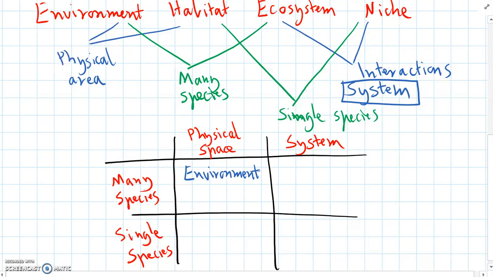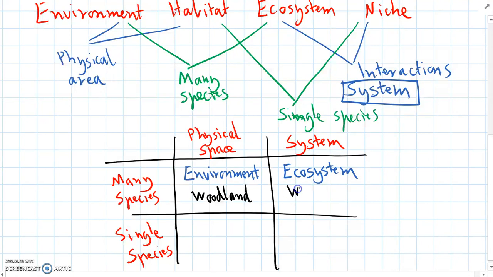So for example, with an echidna, it lives in a woodland environment. And a woodland has tall trees, it has shrubs, grasses, herbivores, insects. We know what's in that type of environment. Then if we look across, when we start thinking of the environment as a system, we now call that an ecosystem.